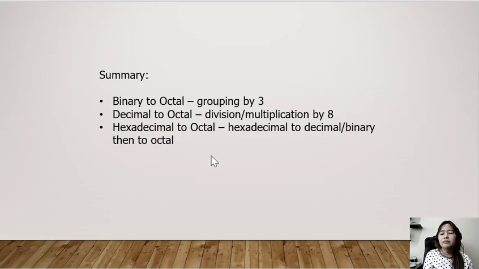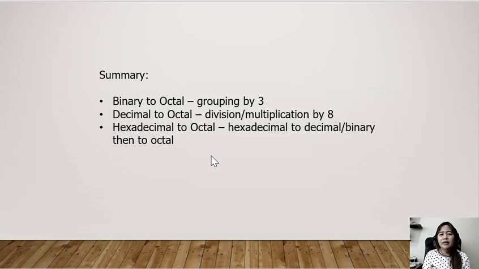For whole numbers, when we divide by 8, we read it from bottom up. If it is the decimal part and we multiply by 8, we read it from top to bottom and base it on the number of digits required by your faculty.